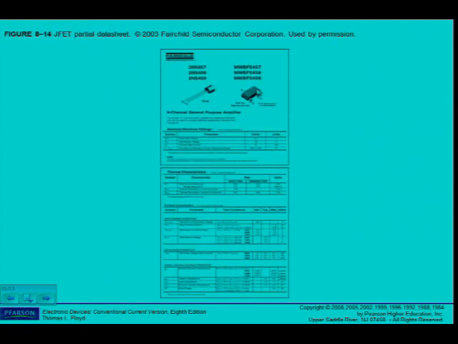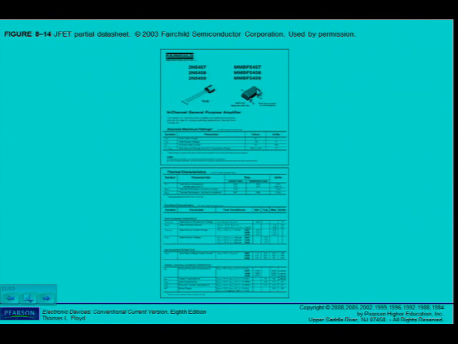Okay, on the next page, the partial data sheet. It's not very clear on the screen, but you can follow there in the book just to see where the values of VGS and IDSS and so forth are given.